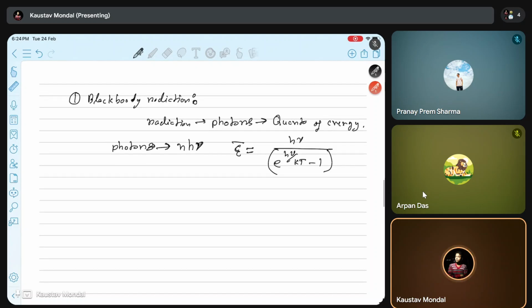Now Einstein, for his explanation of specific heat, uses this expression of average energy.